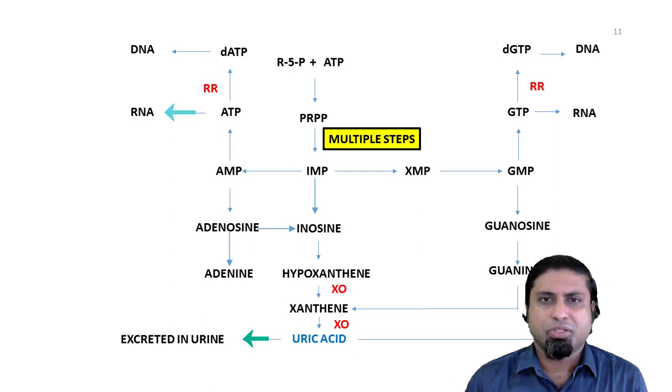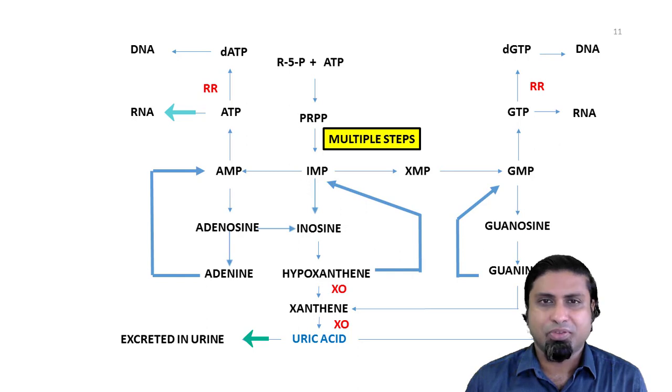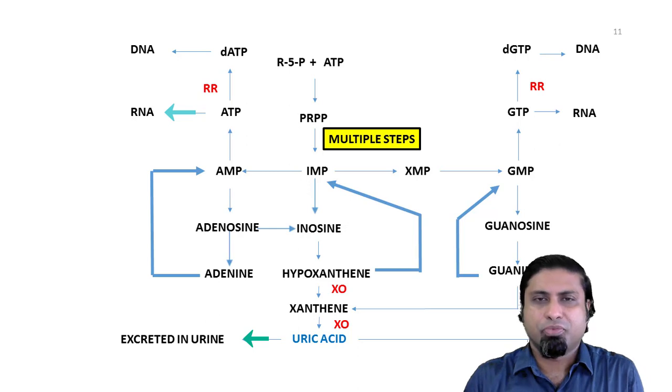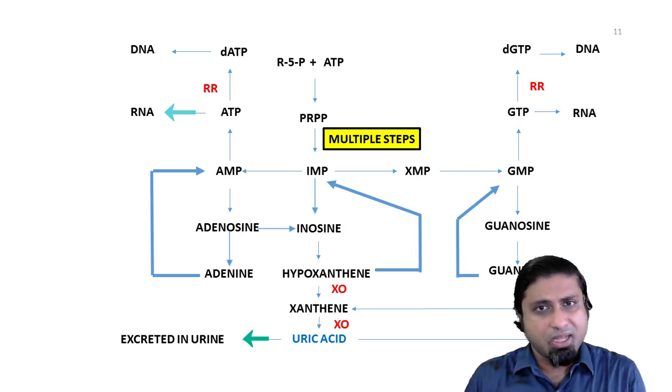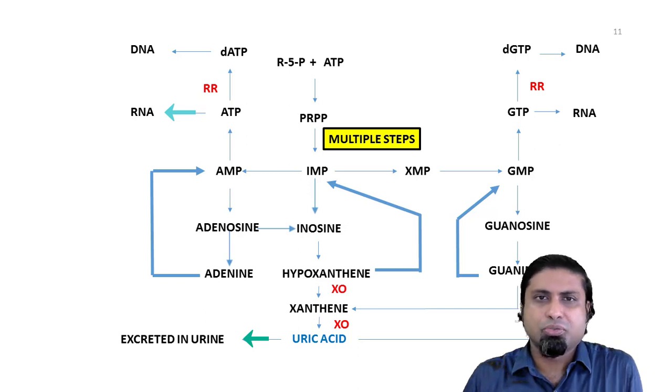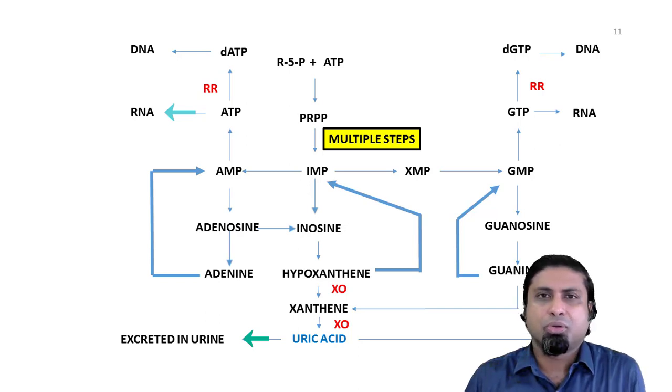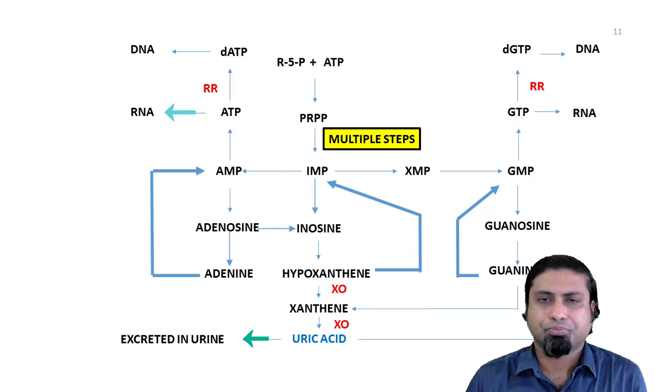So there are pathways for this indicated by the thick blue lines, which we call the salvage pathway. We salvage nucleotides and prevent them from being wasted in the urine. That's what we mean by salvage. There are other pathways by which we can salvage nucleotides. This is one particular pathway.